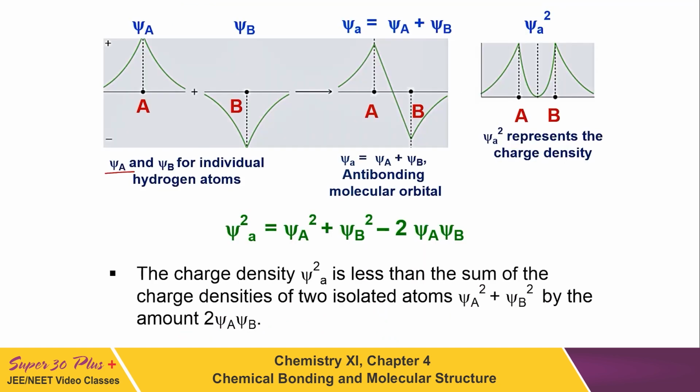If these are the wave functions of A and B, they are combining with each other out of phase, there will be a formation of anti-bonding molecular orbital, ABMO, and the charge density psi ABMO square is less than, now it is not more, it is less than the sum of the charge density of the two isolated atoms A and B by the same amount, 2 psi A psi B. So in the ABMO, the probability of finding an electron is 2 psi A psi B less than the sum of the probability of finding an electron in A and B individually.